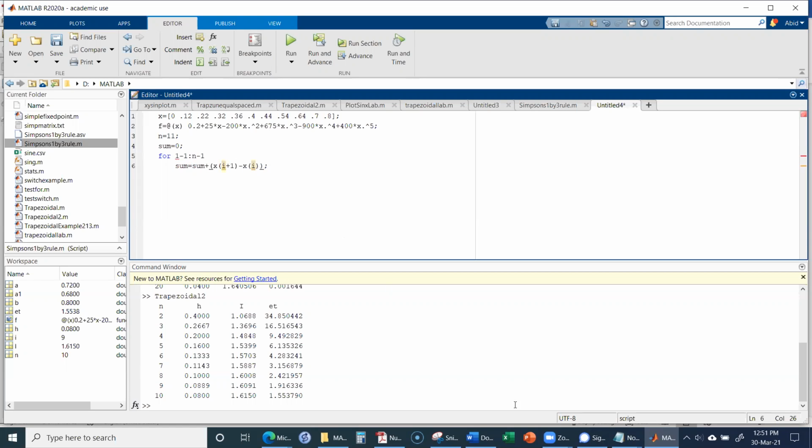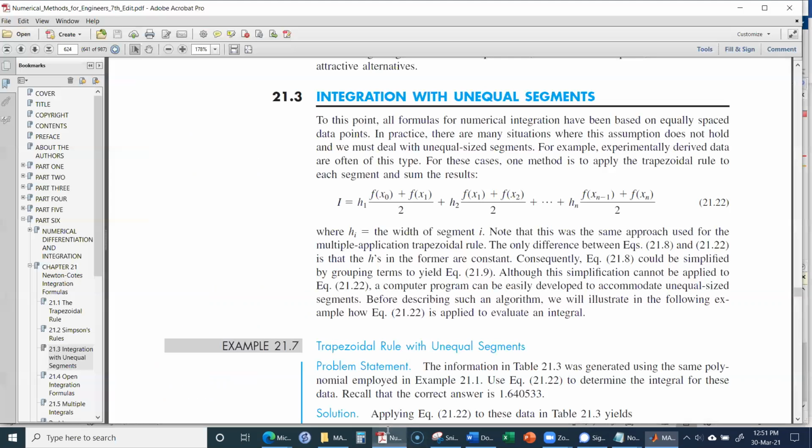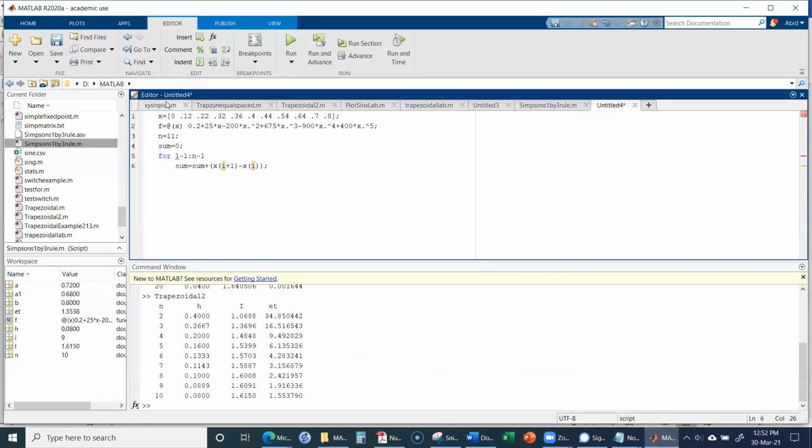This width of the segment has to be multiplied by the average value of the function. So f(x0) plus f(x1) over 2 is the average of the function over these values, f at this value and f at this value.